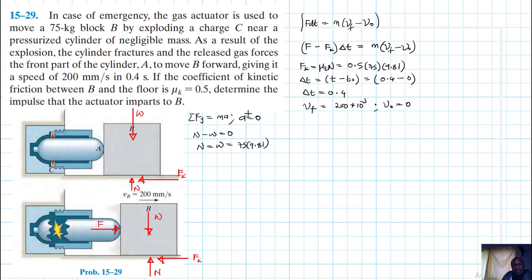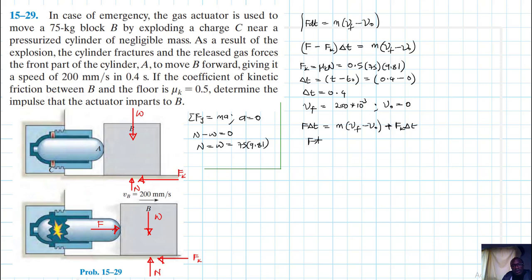Writing this, we are going to have F delta t equals m times v final minus v initial, plus Fk delta t.